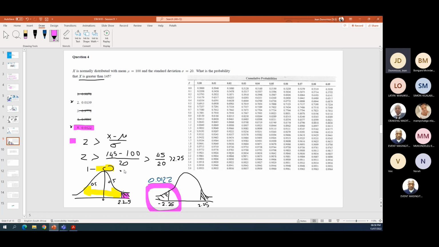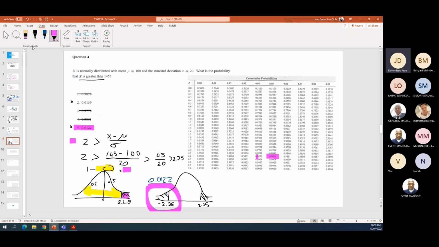So let's look at what 2.25 would have been. 2.25 is there.